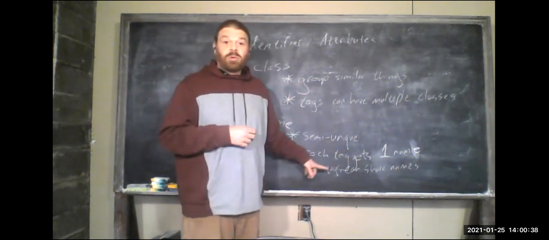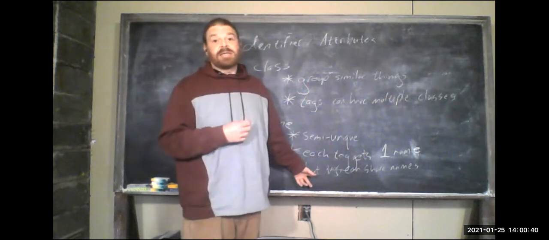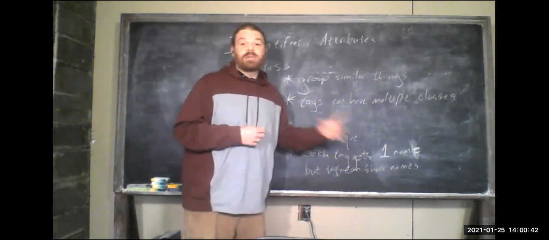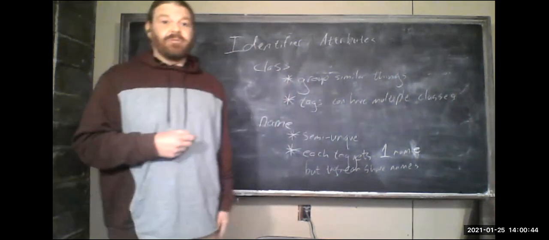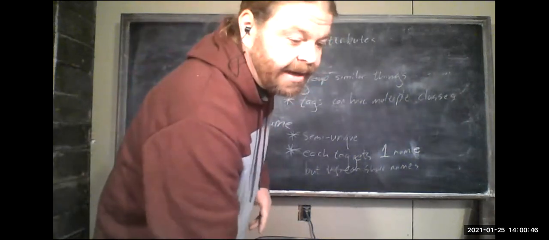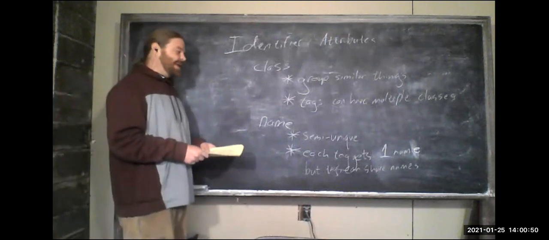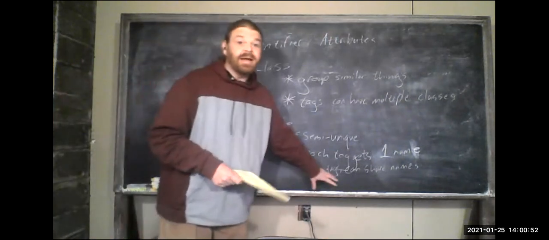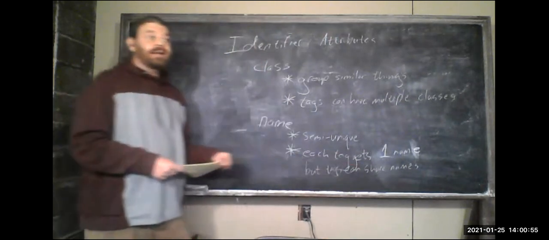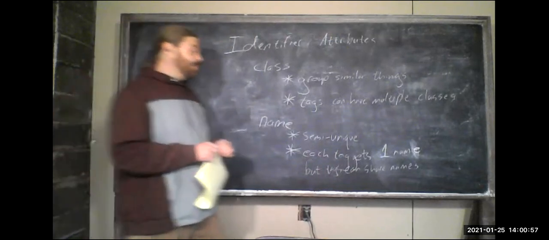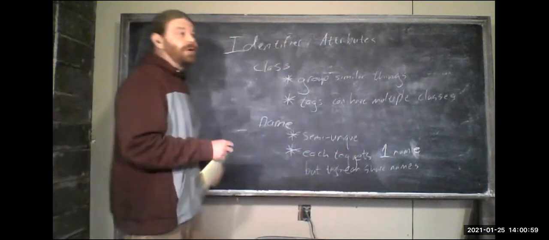All of those would have the name address, but each one only gets one name by itself. We can't give it a second name after that. Different elements can have the same name, but each element only gets one name.